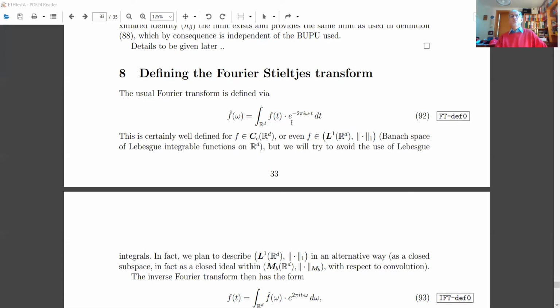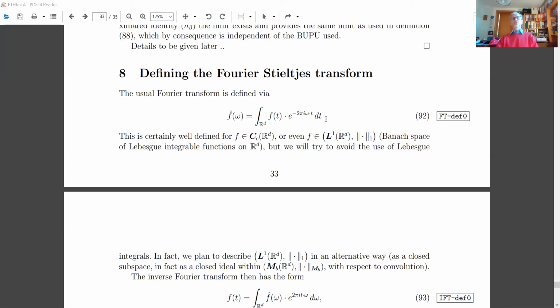And the conjugation for the exponential function is, of course, the minus. I prefer the complex notation, but you can apply Euler's rule and write cosine plus i times sine.